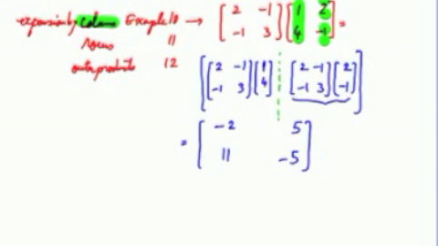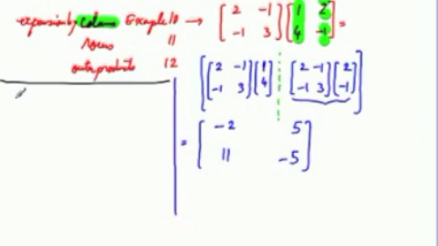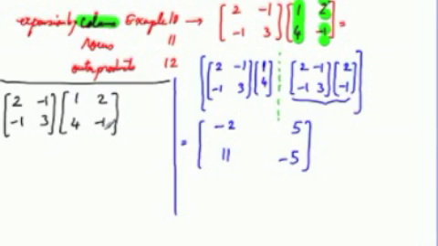Example 11, let's see, I can maybe squeeze it right here. So we get 2 minus 1 minus 1, 3, and then again we are multiplying with 1, 2, 4, minus 1. The view now is that I am going to chop up my first matrix as a bunch of rows, multiply each of these rows with this entire matrix, and perform my operation in that style.